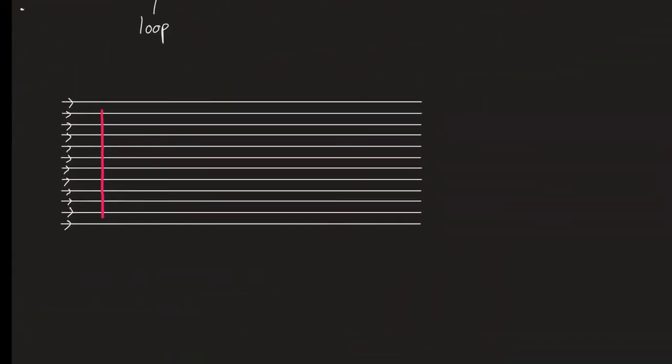We're also going to rotate that loop around some central axis. So place an axis right there. We're going to rotate this around that axis. So sometime later, once we've had a chance to rotate this, the loop might well look like that.